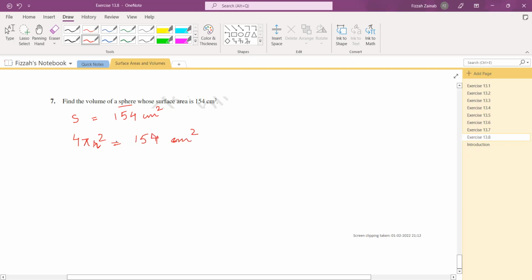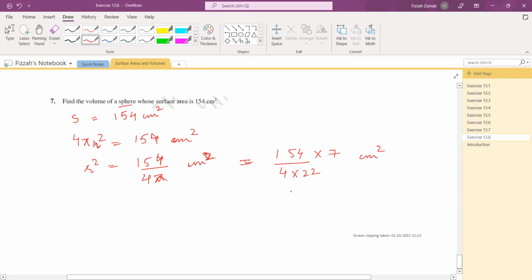Right. So r square will become 154 divided by 4 pi centimeter square. Sorry, something is wrong with my pen. So this will become 154 divided by 4 into 22 by 7 centimeter square.